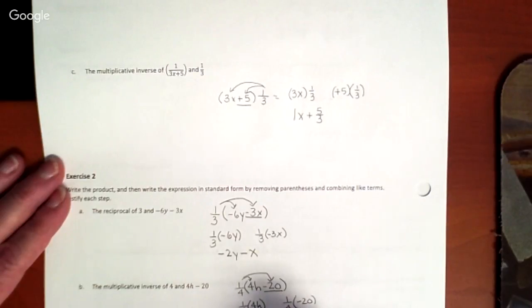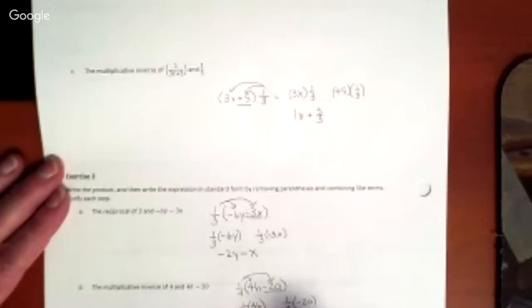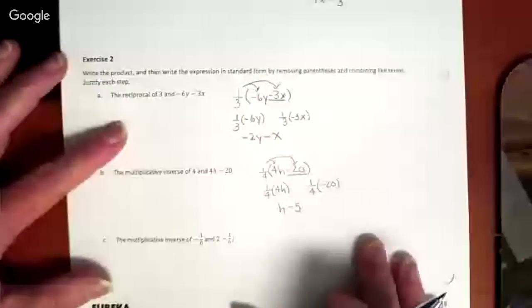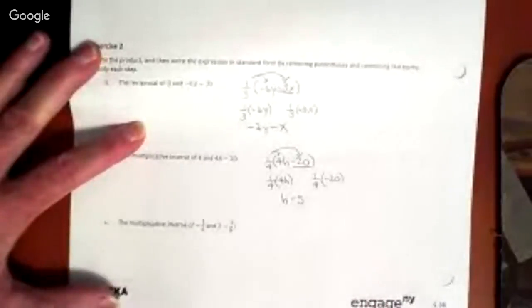So 1/4 times 4 is 1h or h, and 1/4 times negative 20 is negative 5.